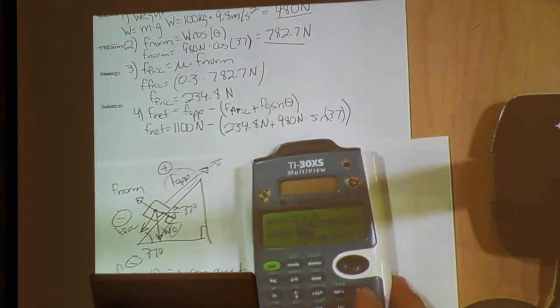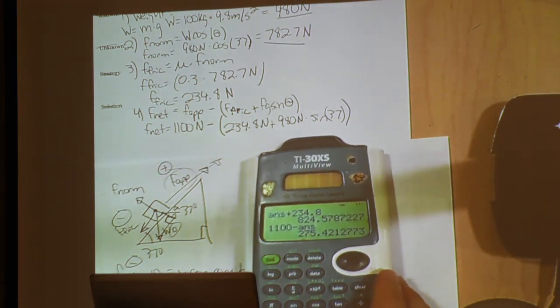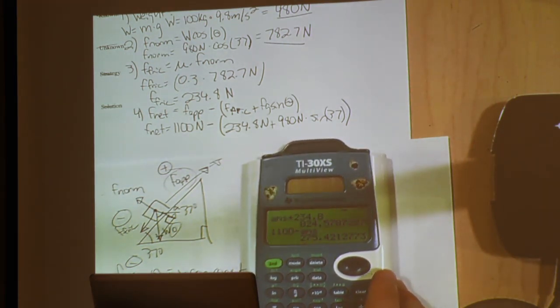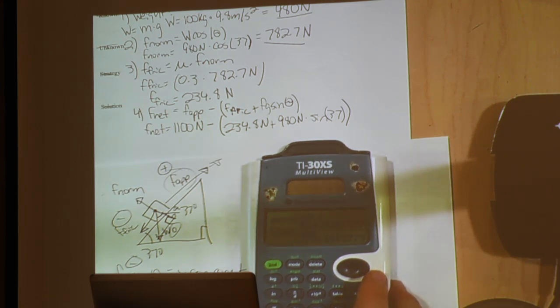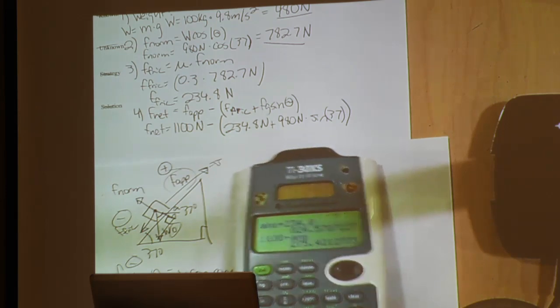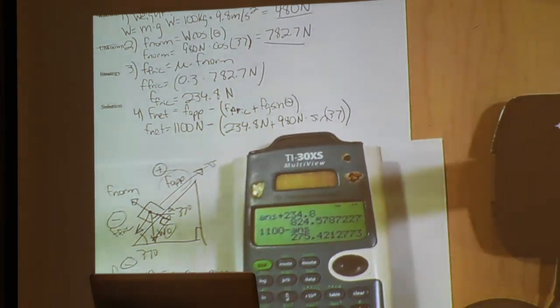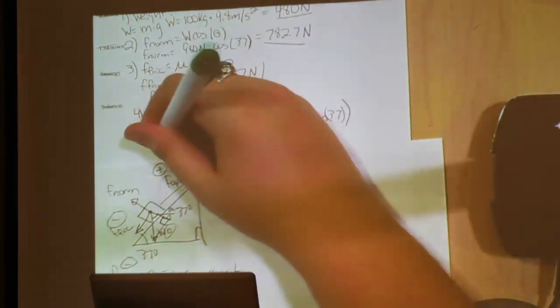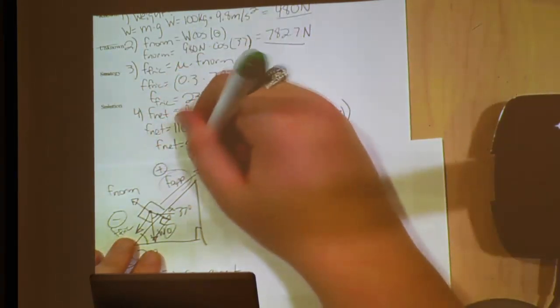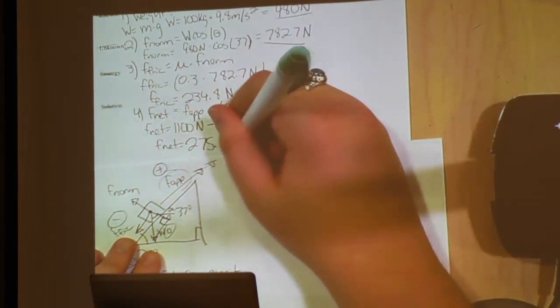Yeah, 275.421. Is that pretty much what you guys got too? Yeah, 275. So F net would be equal to 275.4 newtons.